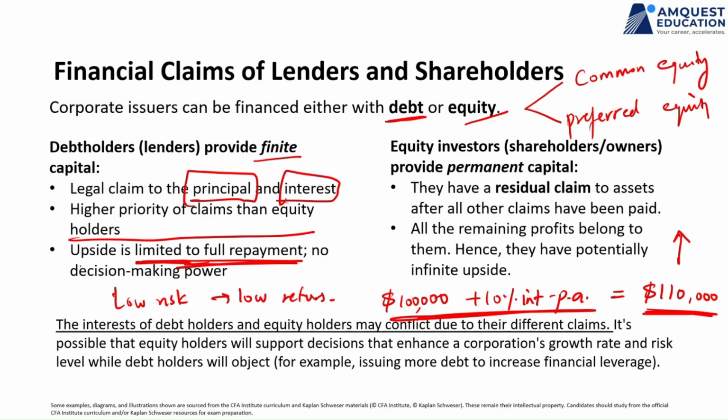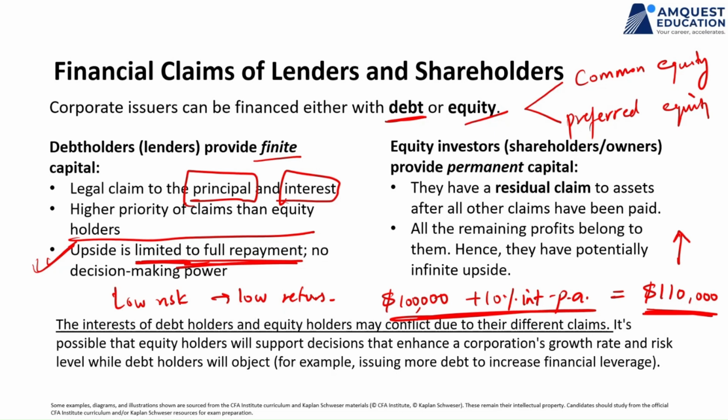Your upside is limited. If the company does really well from here, all the profits will belong to the equity shareholders. But you also have a benefit. If the company goes down, company does really bad, you get a priority and I make first payments to you.